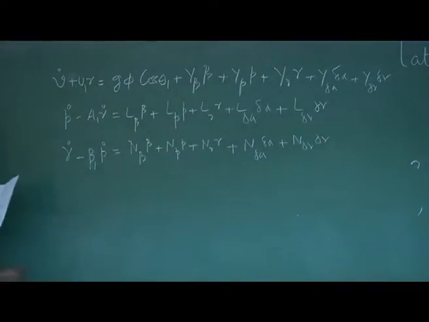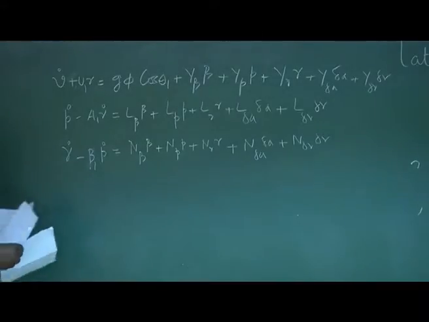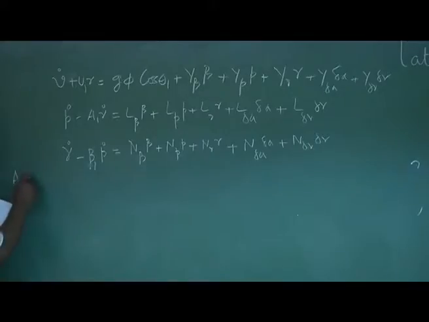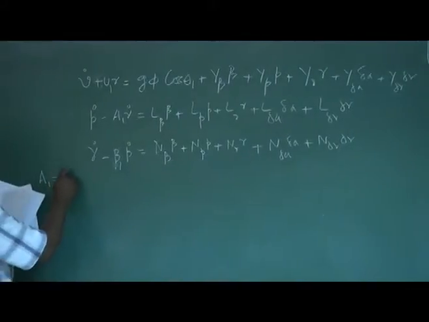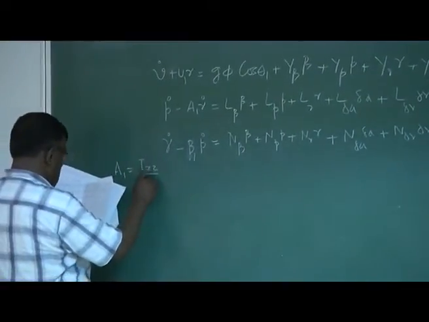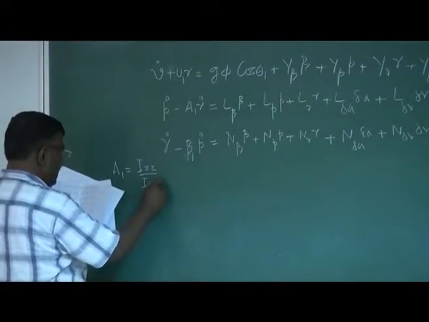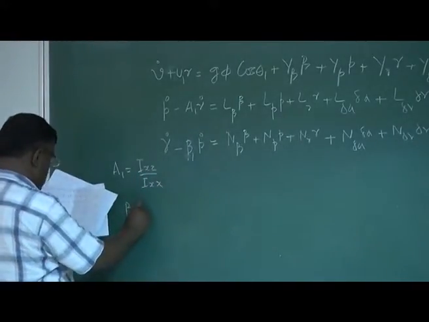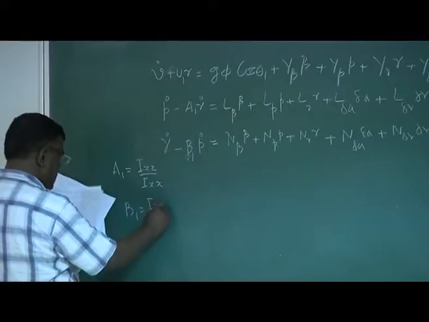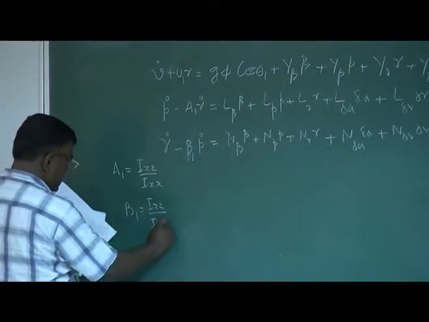Where, if you derive the expression, you will find that A1 is nothing but, just for simplification, Ixz by Ixx, and B1 is Ixz divided by Izz.